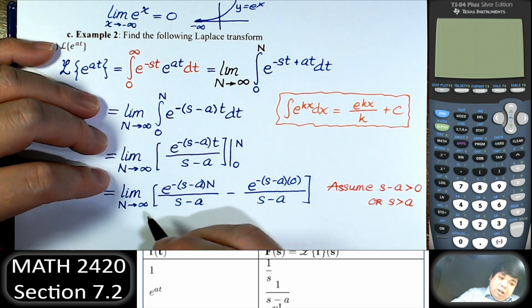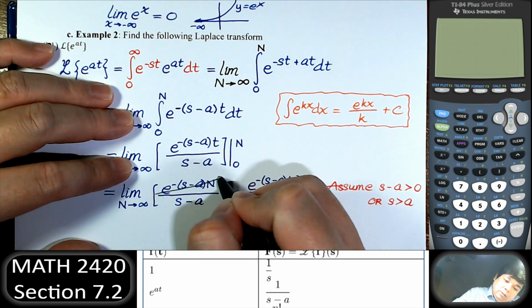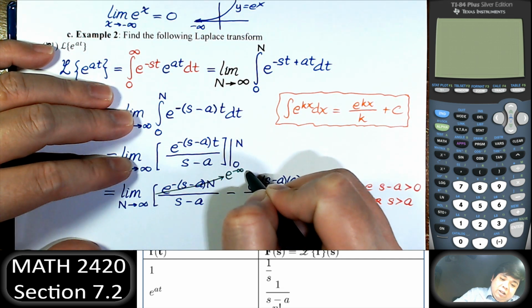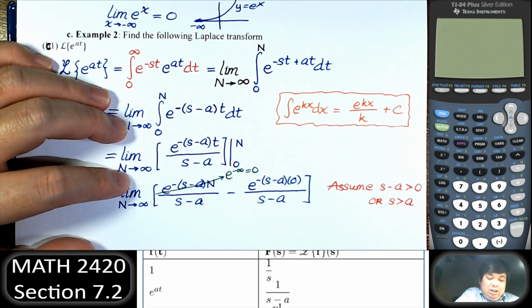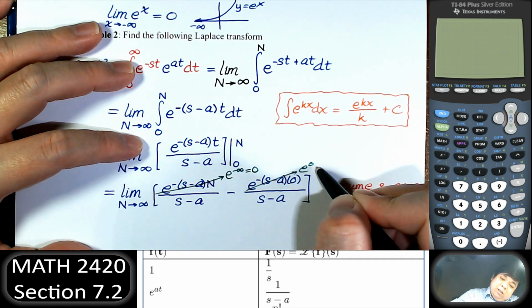So this term here is e to the negative infinity, which is 0, so that cancels out. And e to the 0 power is 1.